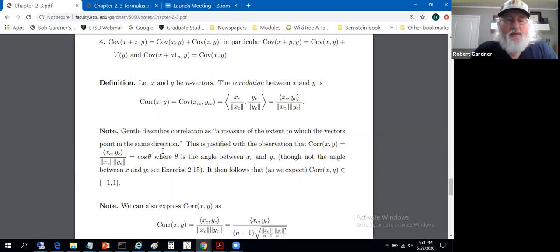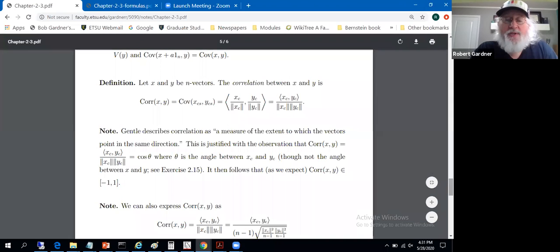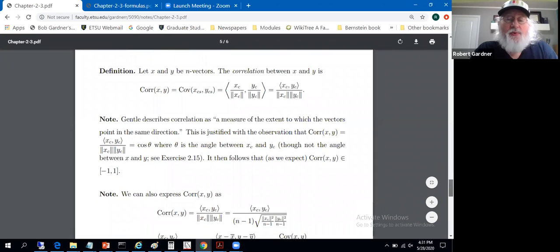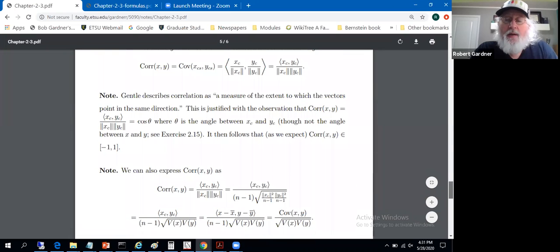Yeah, it's definitely got something to do with the angle between some vectors. It's the centered counterpart vectors, x sub c and y sub c. It's not x and y themselves, as we see here. But we do have correlation between -1 and 1.